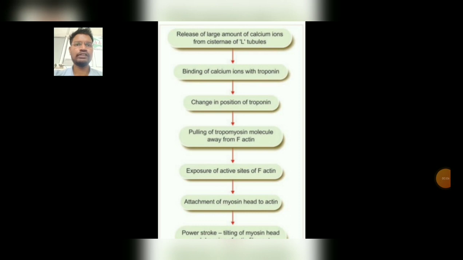The actin filaments of the opposite sides overlap and form this actomyosin complex, and after the formation of the actomyosin complex it results in the contraction of the muscle.